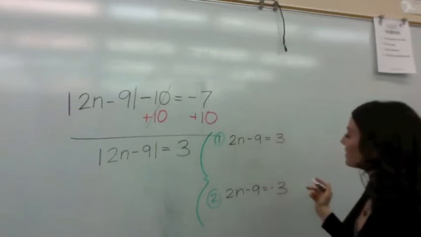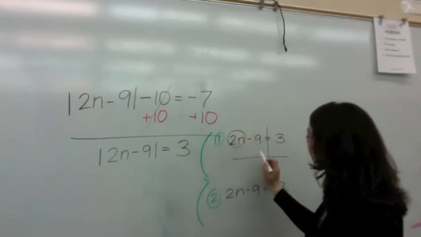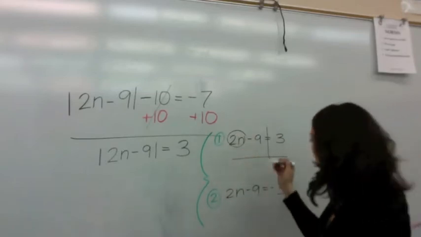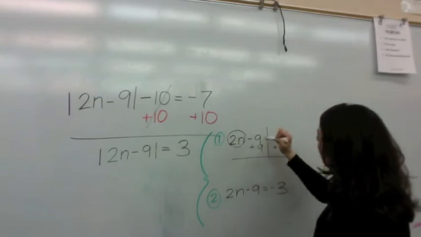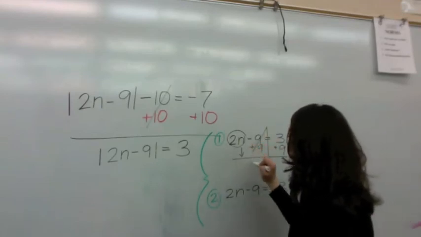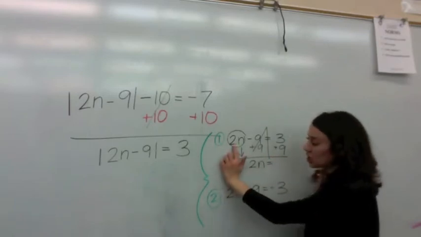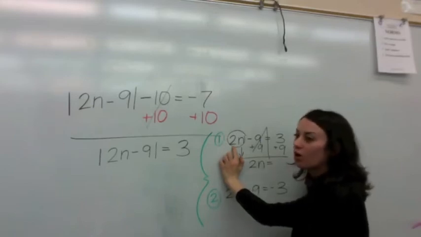So the second step, if you circle 2n, is what are you going to do to both sides to get 2n by itself? Oh, well, you're going to add 9 to both sides. So 9 take away 9 is 0. Bring down the 2n. I notice some people are not bringing down the coefficient. Say that word with me. Say coefficient.